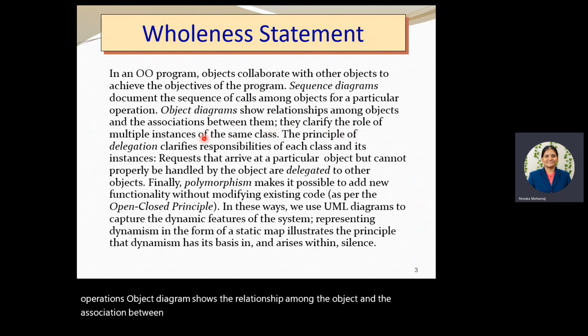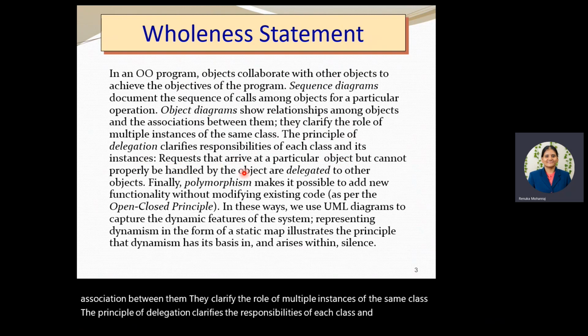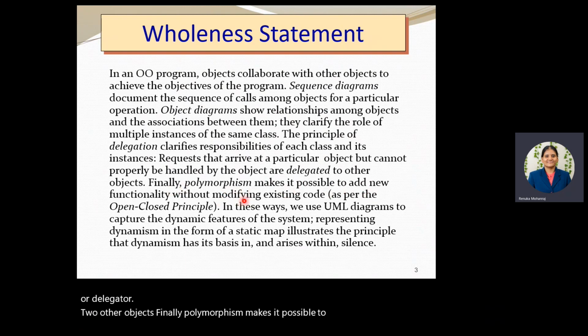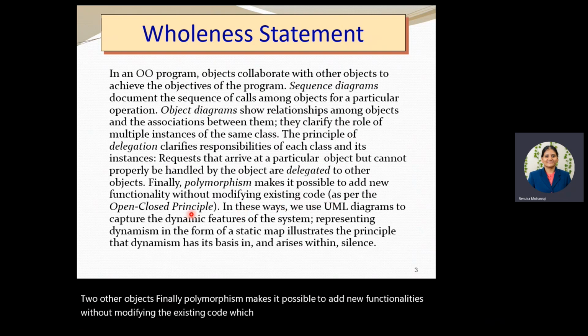They clarify the role of multiple instances of the same class. The principle of delegation clarifies the responsibilities of each class and its instances. Requests that arrive at a particular object but cannot properly be handled by it are delegated to other objects. Finally, polymorphism makes it possible to add new functionalities without modifying the existing code, which is the open-closed principle.